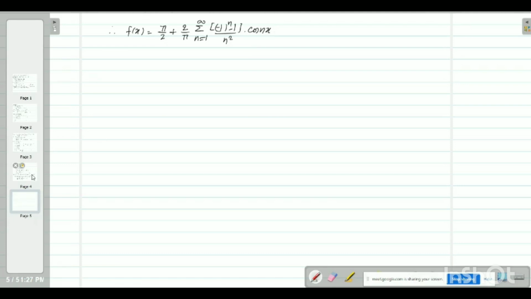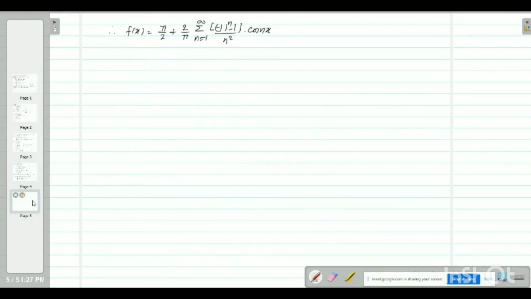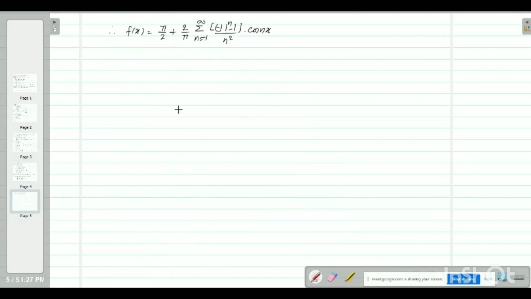Okay, let us verify whether the function is correct. Pi by 2 plus 2 by pi, and the sum running from 1 to infinity minus 1 raised to n minus 1 by n square cos nx. Okay, now let us run the series.